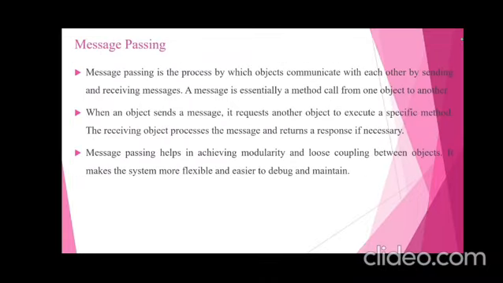So, the next one is message passing. Message passing is the process by which objects communicate with each other by sending and receiving messages. A message is essentially a method call from one object to another. So it means in object-oriented programming, objects do not work in isolation.